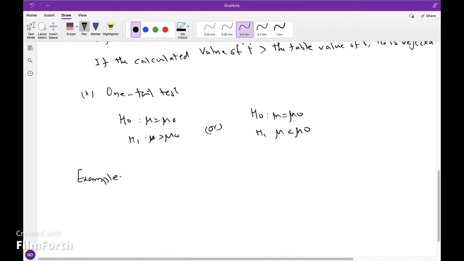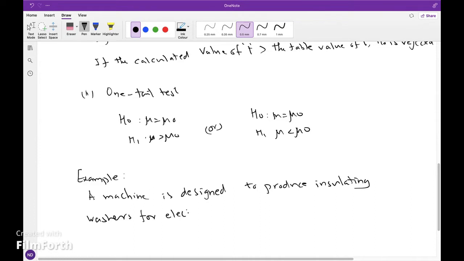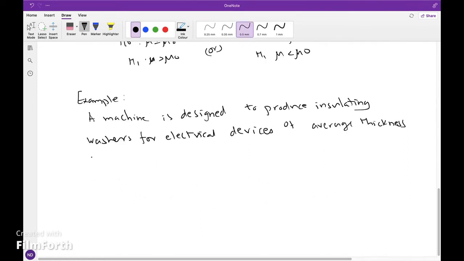Example. A machine is designed to produce insulating washers for electrical devices of average thickness of 0.025 centimeter.